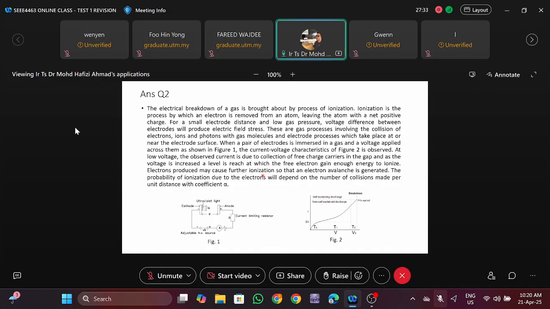Okay, and then after the number of electrons is high enough, it may produce the electron avalanche, and then it may produce higher currents, and it can produce what we call a self-sustaining discharge, and then the current goes very high in exponential terms.